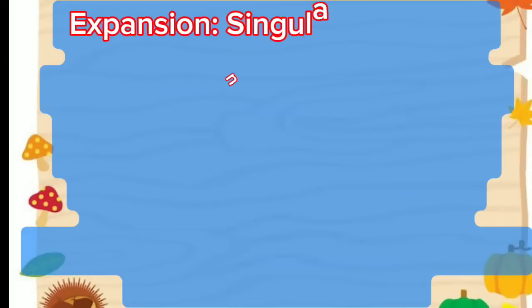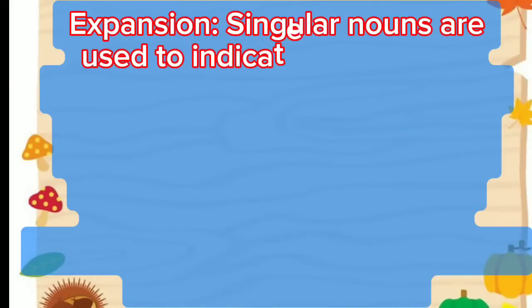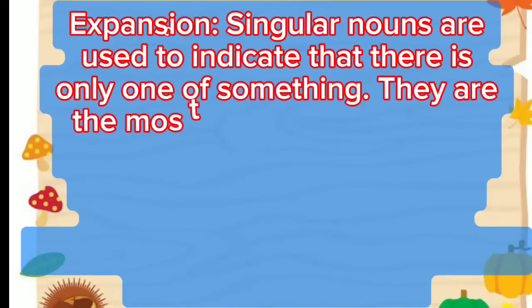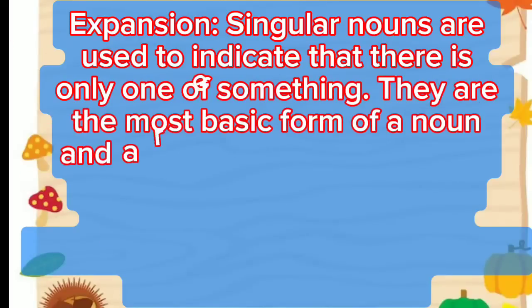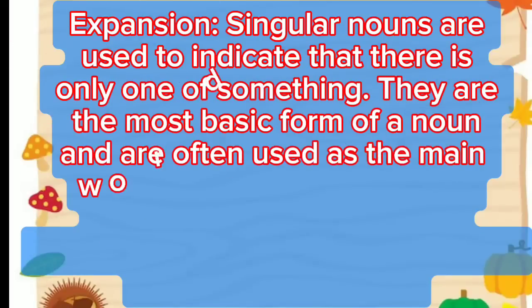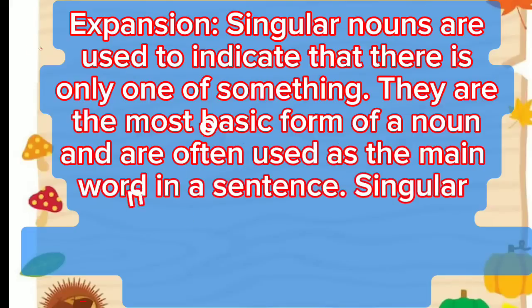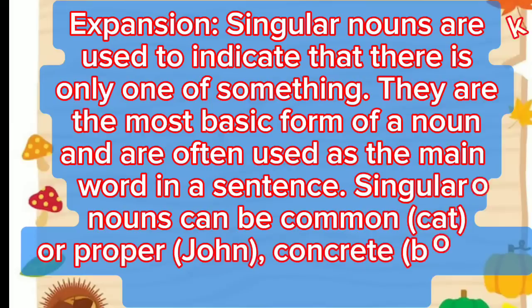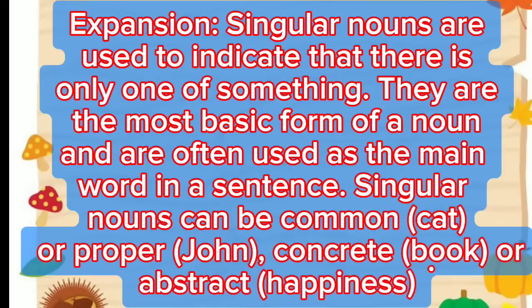Explanation: singular nouns are used to indicate that there is only one of something. They are the most basic form of a noun and are often used as the main word in a sentence. Singular nouns can be common (cat), or proper (John), concrete (book), or abstract (happiness).